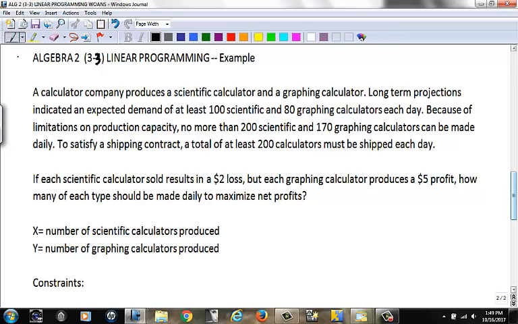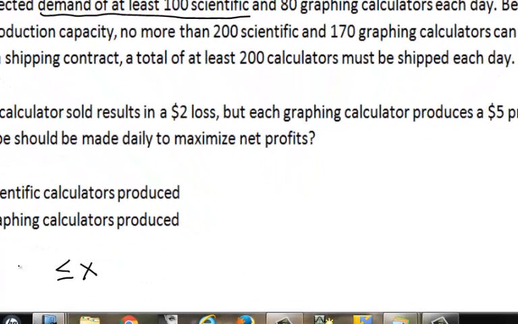Okay, so first thing, I set x to be the number of scientific calculators, y is the number of graphing calculators, and now you have to write the constraints. If you go back, there's a demand of at least 100 scientific calculators. So x is greater than or equal to 100.